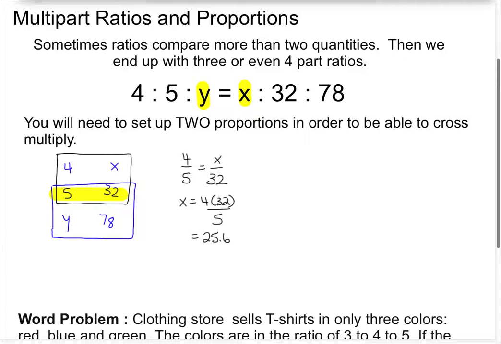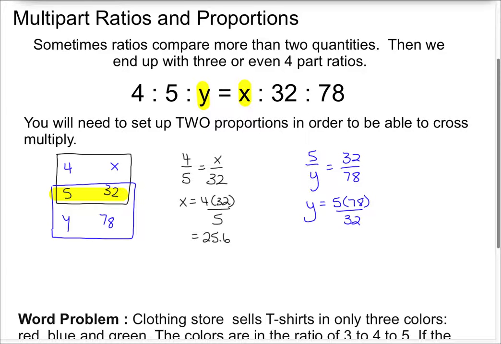25.6. Now I'm going to do the blue box. The blue box here has 5 over y equals 32 over 78. Once I have that written down, it's just a matter of cross multiplying. Easy peasy. 5 times 78, and then divided by 32.